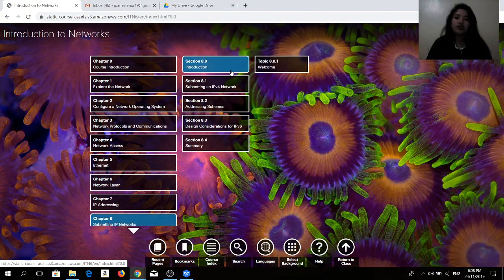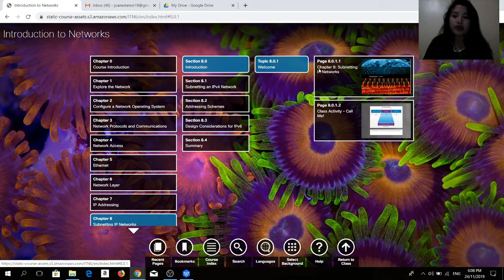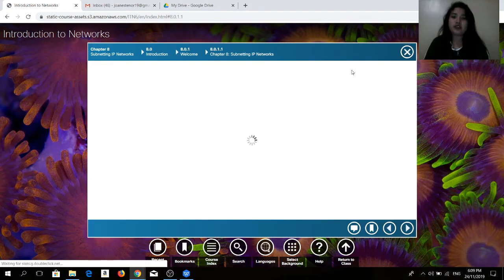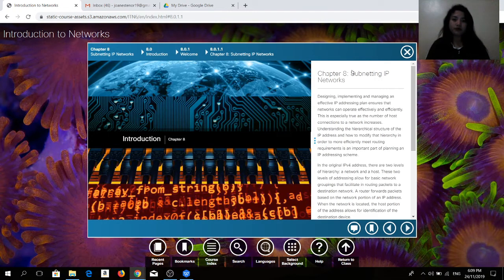Then for the introduction to Chapter 8 Subnetting IP Networks. Designing, implementing, and managing an effective IP addressing plan ensures that networks can operate effectively and efficiently.